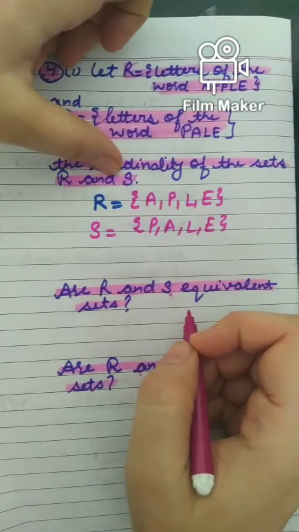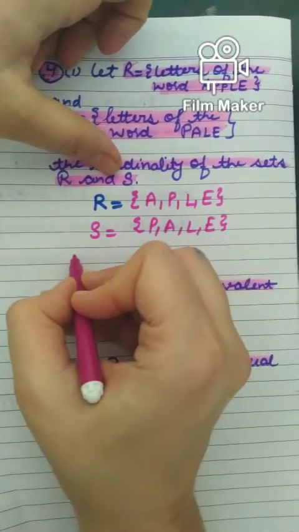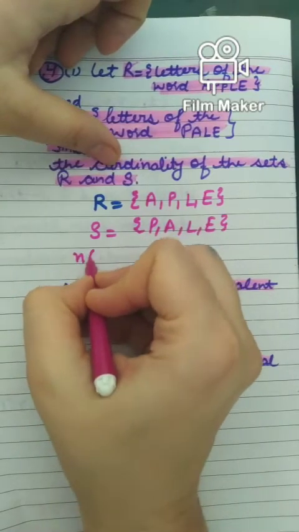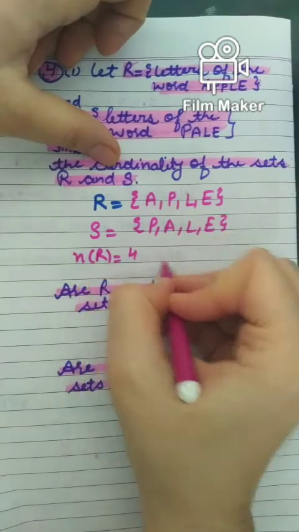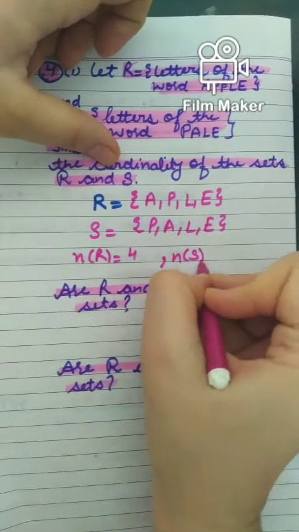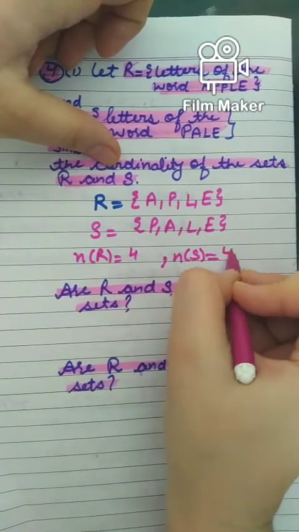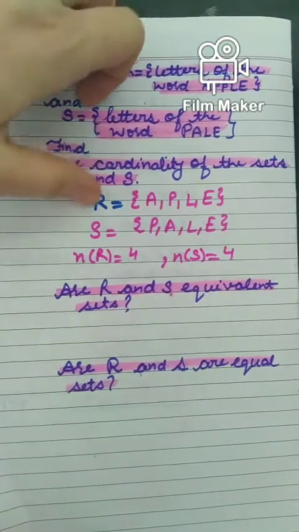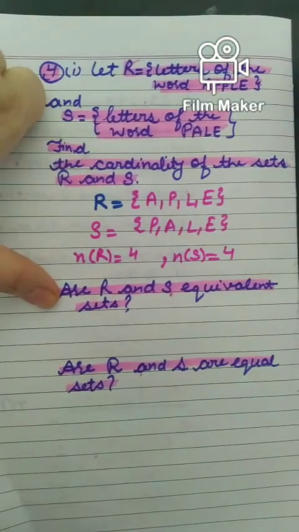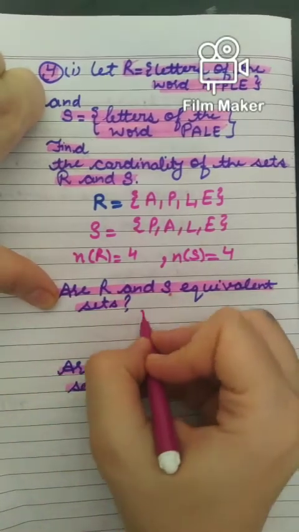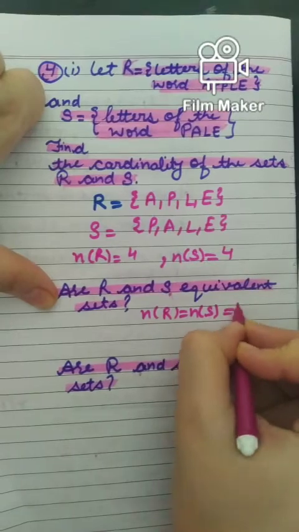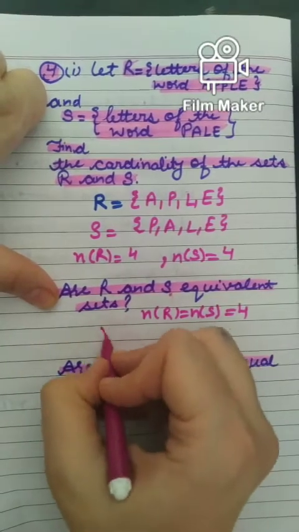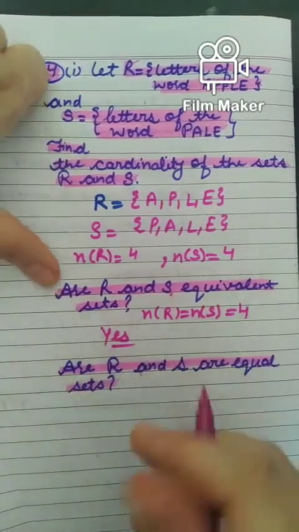Now find the cardinality of the sets R and S. Beta, definitely the cardinality of R will be the number of elements in R, 1, 2, 3, 4. Cardinality of S, number of elements in S, again 4. Okay, so now they are asking whether R and S are equivalent sets. Yes, because the cardinality of R is equal to the cardinality of S, na? The number of elements is 4, same. So yes, they are equivalent sets.